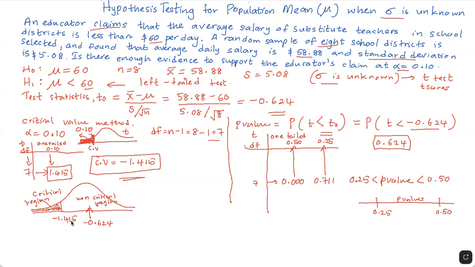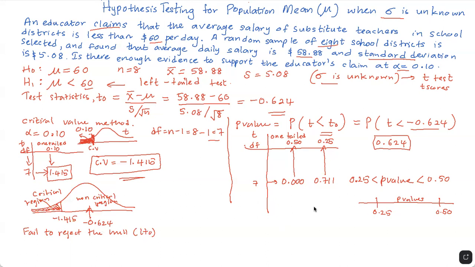So that means we fail to reject the null, because your test statistic value falls in the non-critical region. The statistic value is greater than your critical value. So that's why we fail to reject the null according to the critical value method.